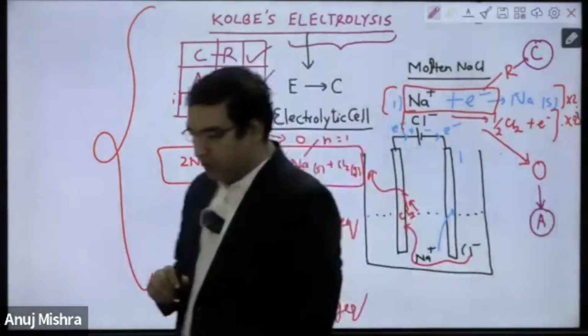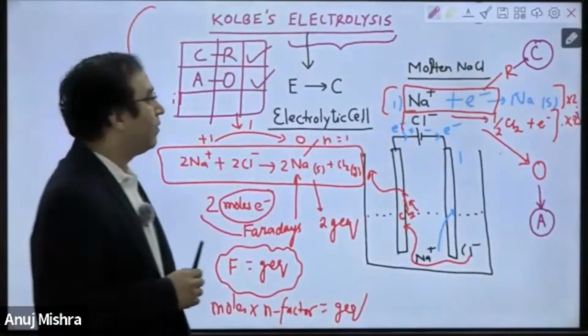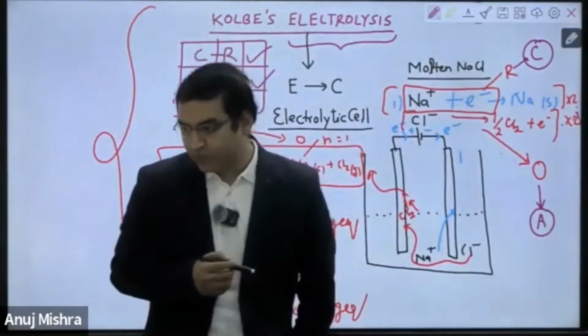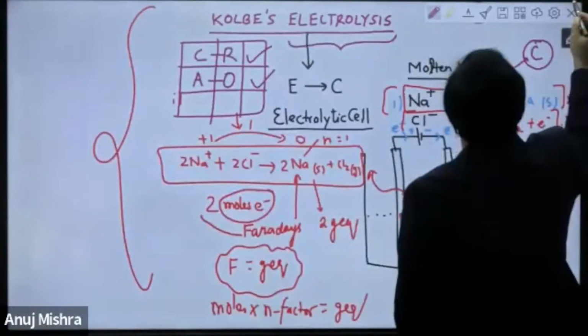Draw it calmly, write down everything, then we proceed further. Done? Can I remove this? Yes, do you have any doubt, Arjun? No, sir. Okay. You're playing signal with your friend. Come on.